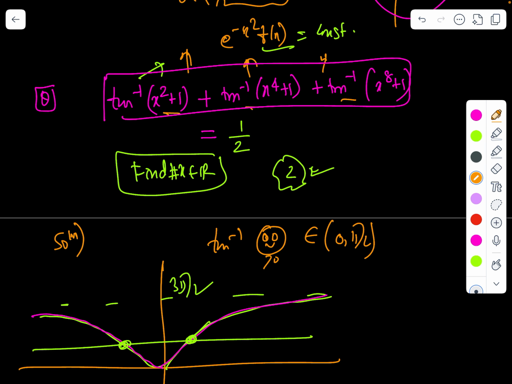Right? Let's move to the next problem, and it's really interesting to note that we can even solve some really beautiful problems by very fundamental methods.